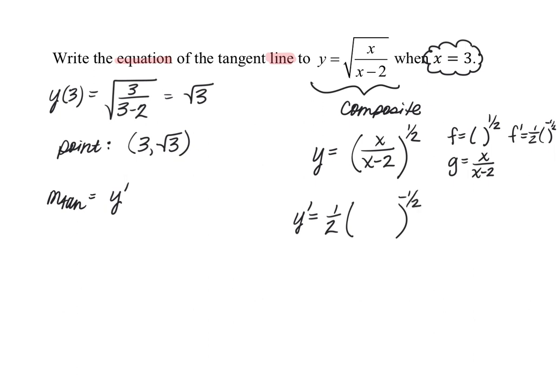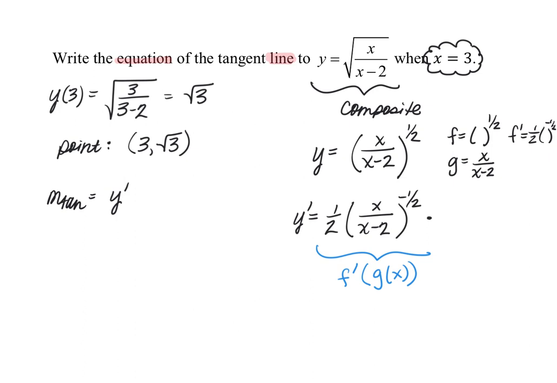Now, when I say the original, we're talking about the original inner function. So the original inner function was function g, so that would be x divided by x minus 2. So in terms of the chain rule, what I've done so far is we have taken the derivative of the outer function and we have evaluated it at the inner function. So what we've done is f prime of g of x.